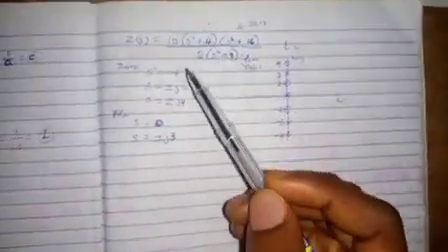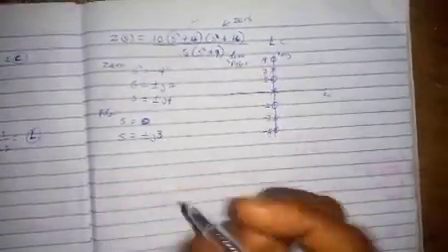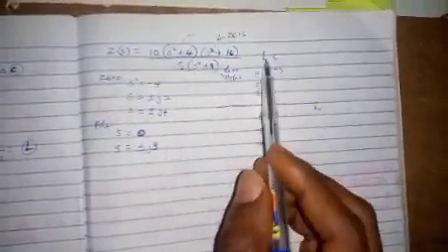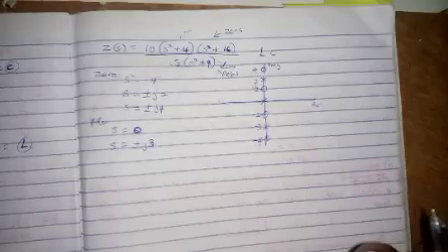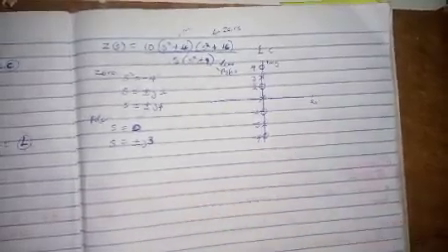In partial fraction, the degree of the denominator must be greater than the degree of the numerator. But in LC functions, you don't need to worry about that. Just go and find the partial fraction straight.